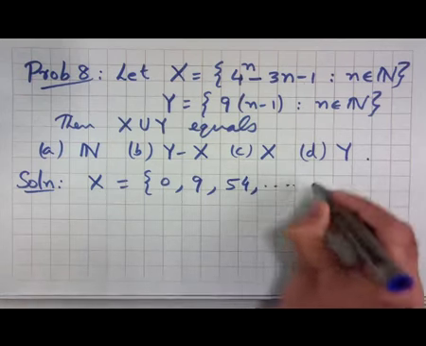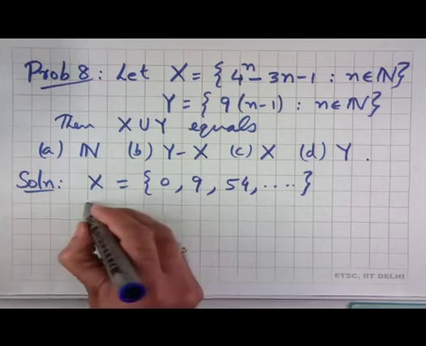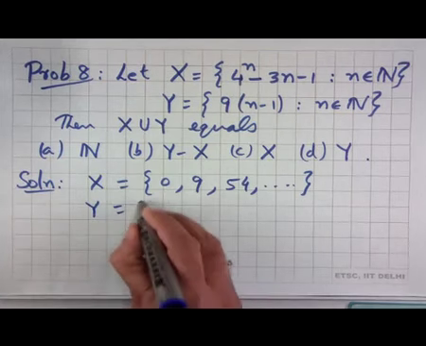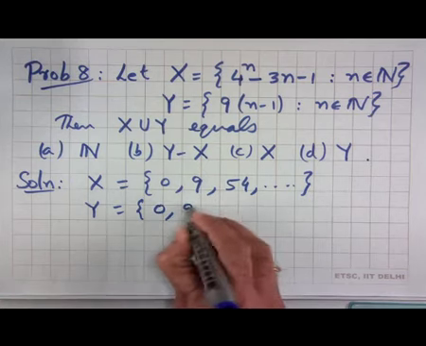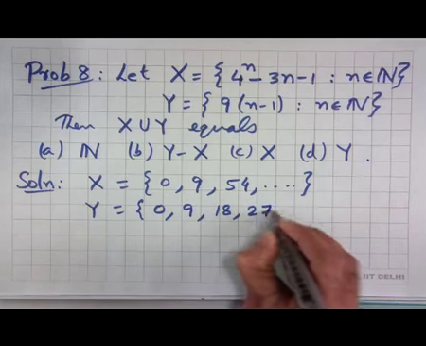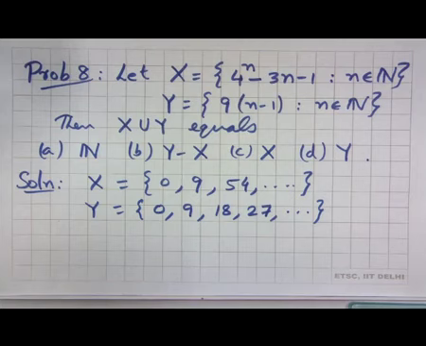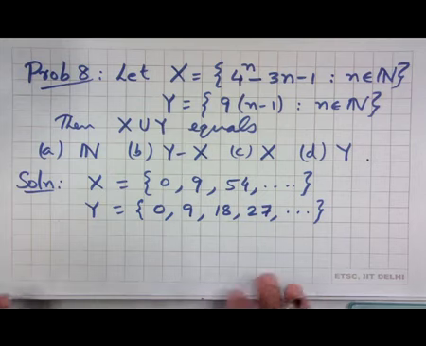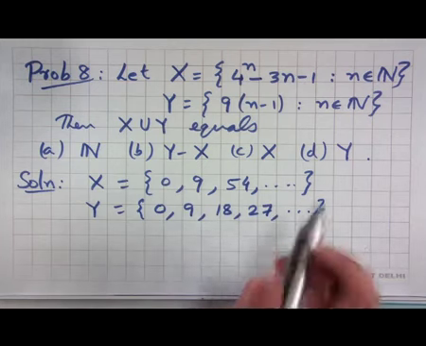So, these are the elements of X, and Y consists of, for n equal to 1, 0, then we have 9, 18, 27 and so on. So, Y is clear, it consists of all non-negative multiples of 9.